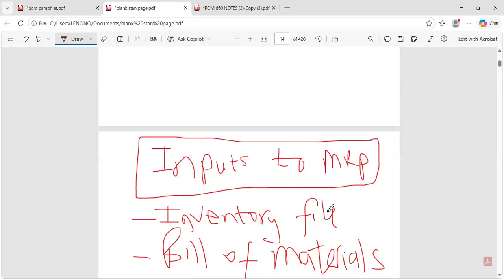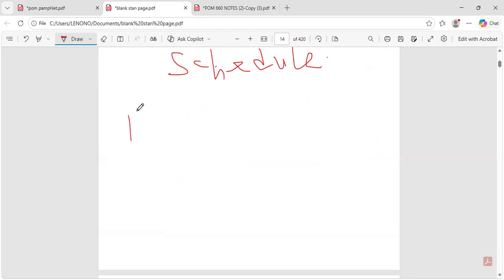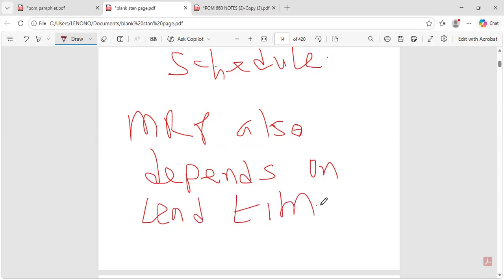All right. Then MRP also depends on lead time. So what is lead time?